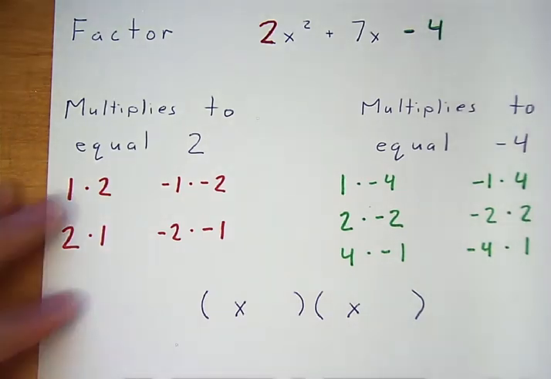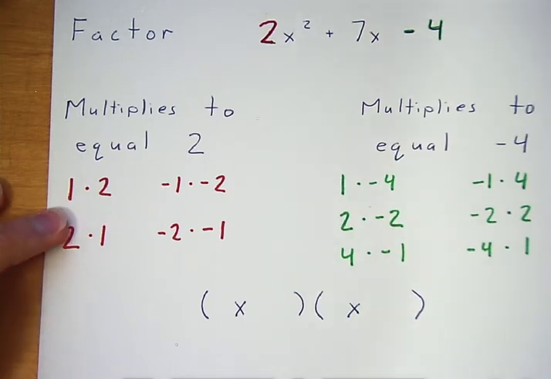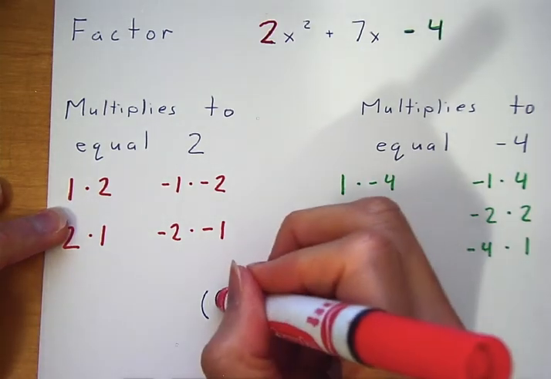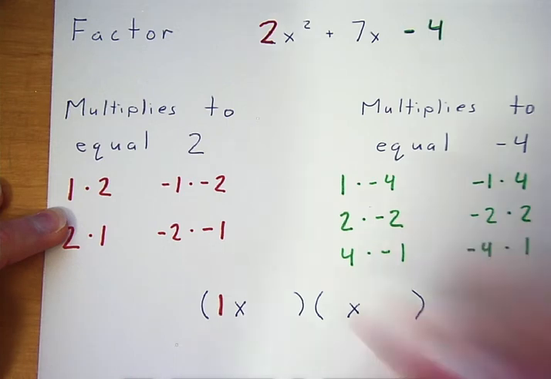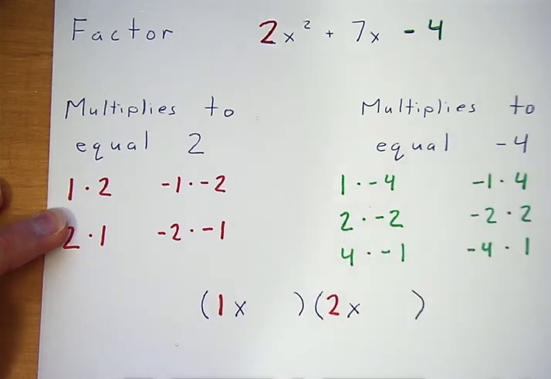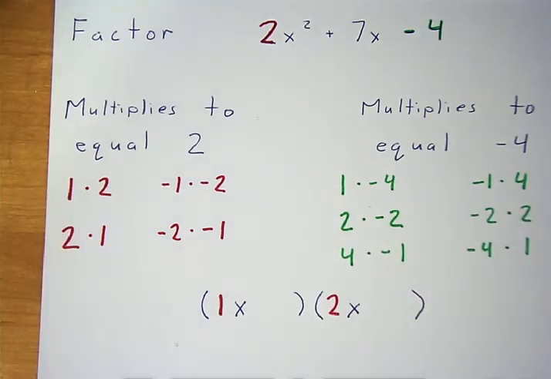I'm going to choose this first one, 1 and 2. So I'm going to say this is going to be 1 times X and 2 times X. I don't know that this is the combination that's going to work. At this stage, you're just guessing, trying them, and seeing which one sort of works. You're guessing and checking. So I'm guessing that those are the 2 red ones.